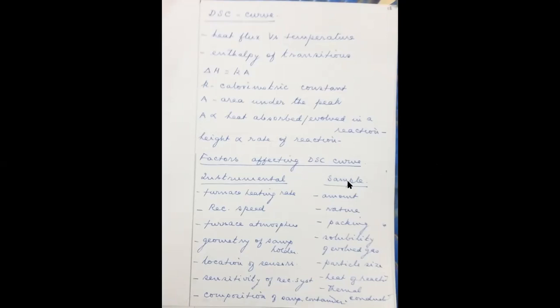Taking the sample into consideration: what is the amount of the sample taken, what is the nature of the sample, what is the packing. If it is closely packed, that will show a difference. Also the solubility of the evolved gases. Suppose the substance undergoes some decomposition and gas is evolved, that evolved gas may get dissolved in the sample itself.